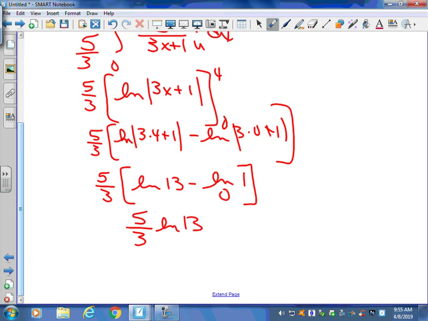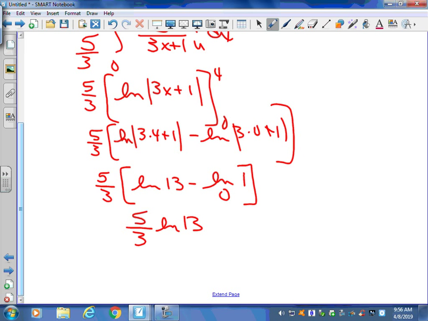Now sometimes they might ask you to give a decimal answer. Sometimes they want it exact. They would not ask for both on the same question. So in a multiple choice situation where you're taking your AP test, you would need to look at it and decide, am I looking for decimals because I'm on the calculator portion of the test, or am I looking for the exact answer because I'm on the non-calculator portion of the test?